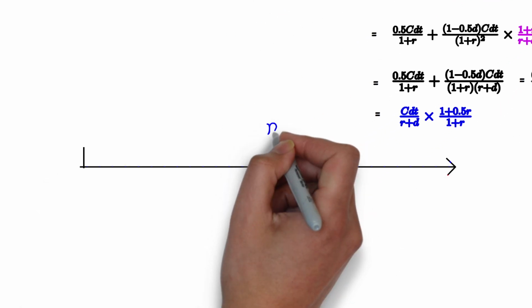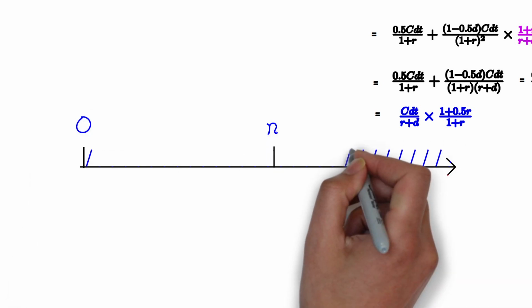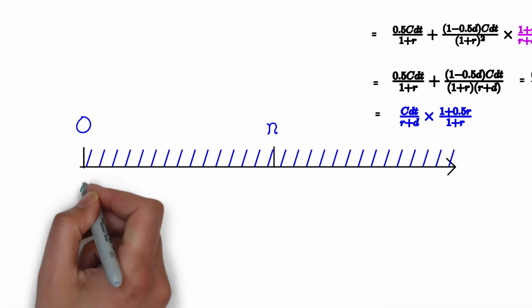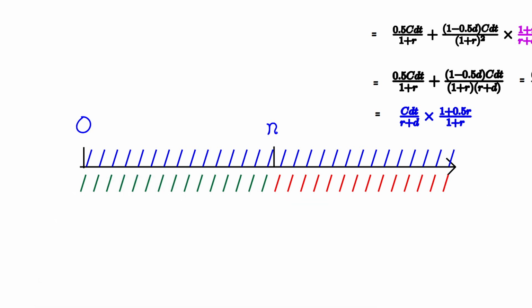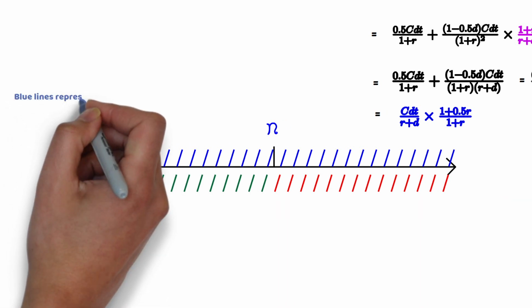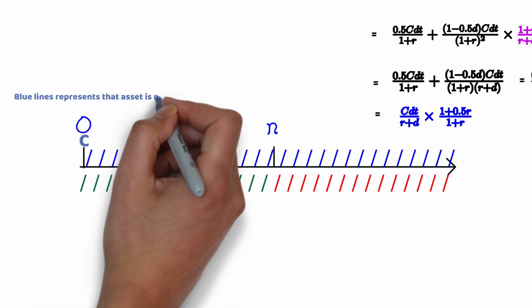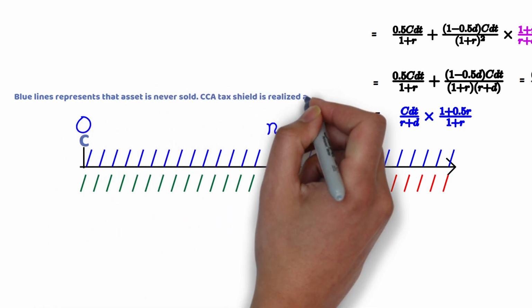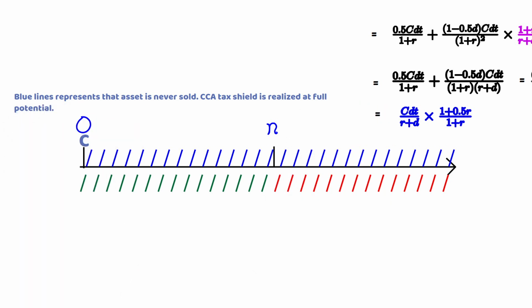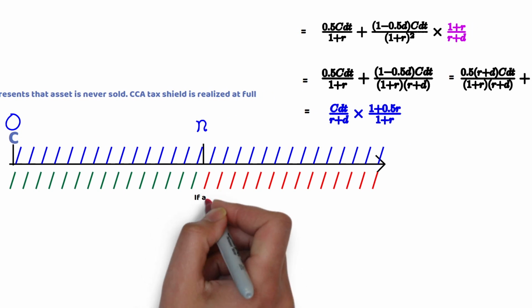Now let's take a look at the timeline. We have t equals 0 and t equals N. The blue dashed line represents that you can use the asset forever, so the tax shield would be in the form of the blue formula.